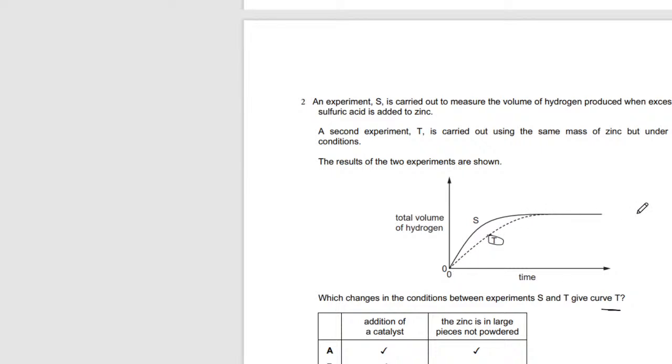When this has a lower gradient, if the zinc, for example, is very big, that will lead to less surface area. So the answer in this one should be, I believe, you don't need an additional catalyst, but the answer should be C.